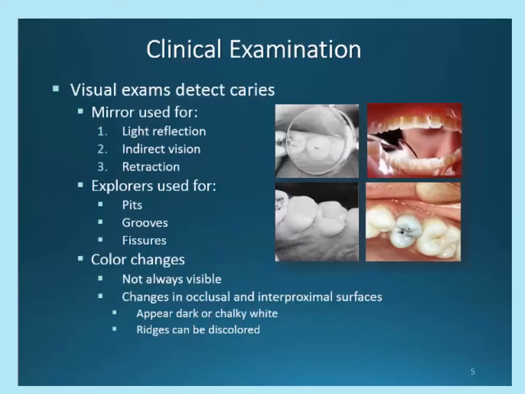The clinical exam requires the use of a mirror for light reflection, indirect vision, and retraction. These procedures were practiced in your instrumentation course early on. The Explorer is used to identify pits, grooves, and fissures. You may have learned to use this instrument in detecting decay in these areas by adapting the light source that encourages a light force that encourages a stick.